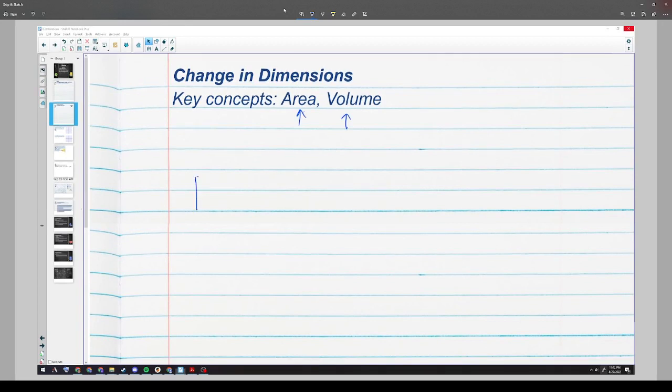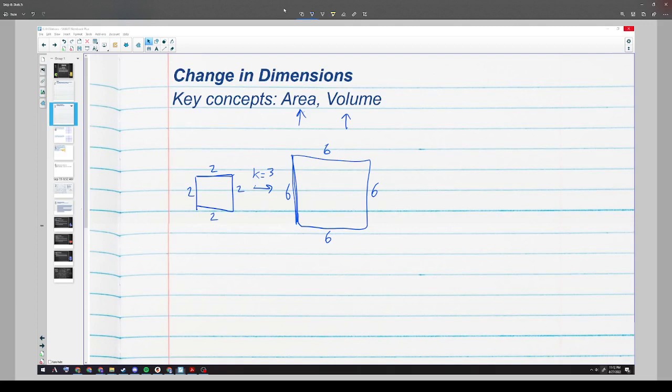So if I have a square, and it's 2 inches on each side, if I apply a k value of 3, my new square will be bigger and will have side lengths of 6. I multiply each of those side lengths times 3 to get my new ones. So this is a linear value, right? This line of 2 gets scaled up to a line of 6 by multiplying by 3.